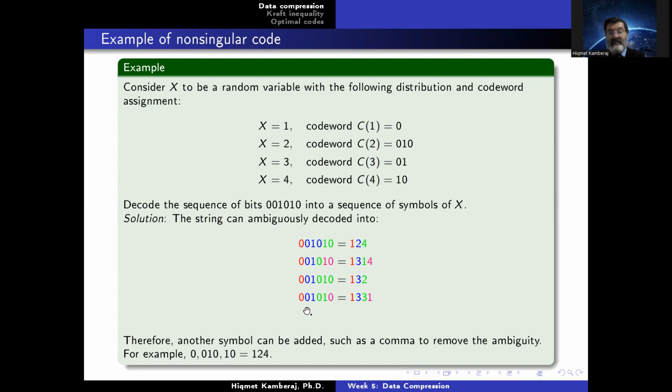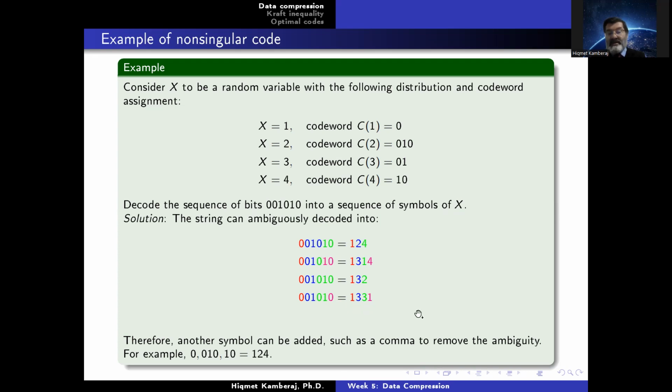Again, the first 0 is decoded as 1, shown in red. 0 and 1 in blue are decoded as 3. And then 0, 1 we have decoded again as 3, shown in green. Then the last 0 as 1. And we get the sequence of symbols of X: 1, 3, 3, 1.